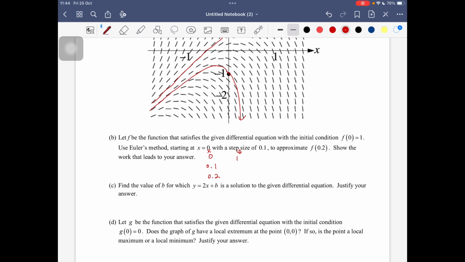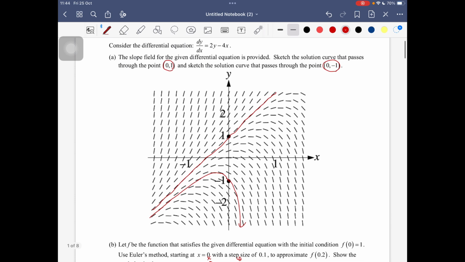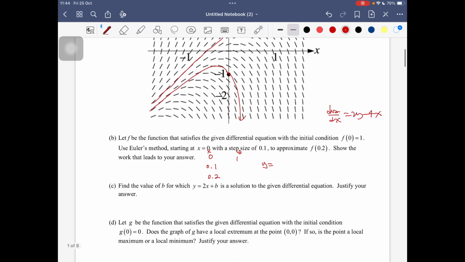And for the first step, the slope comes from this differential equation dy/dx = 2y - 4x. So 2y - 4x, let me write the slope here just to make sure. So the slope was 2. So 2 times 0.1 plus the previous y, 1, gives 1.2.